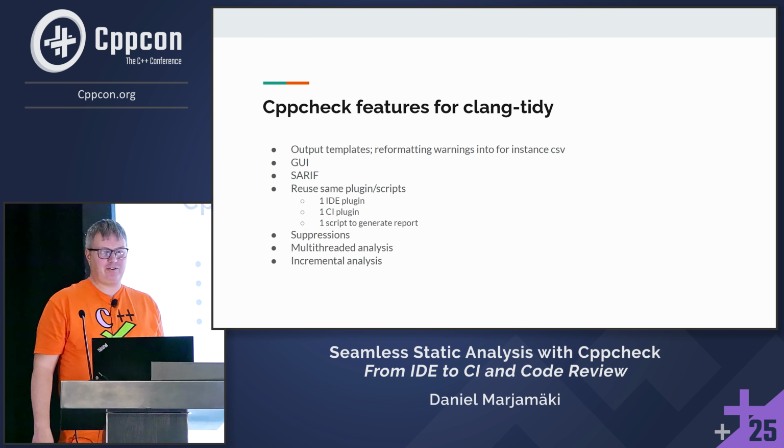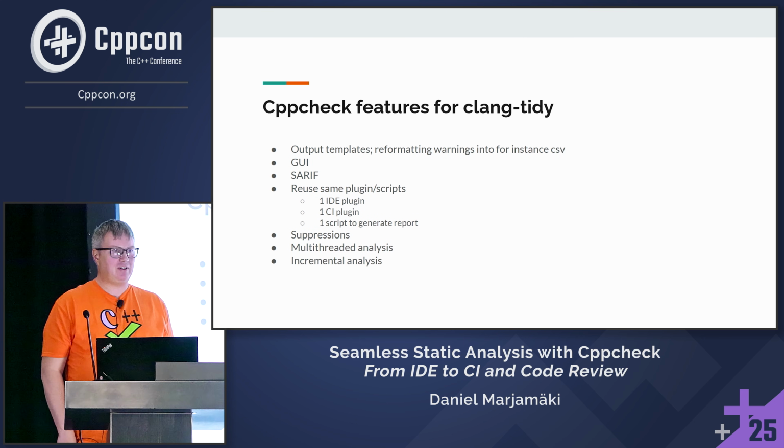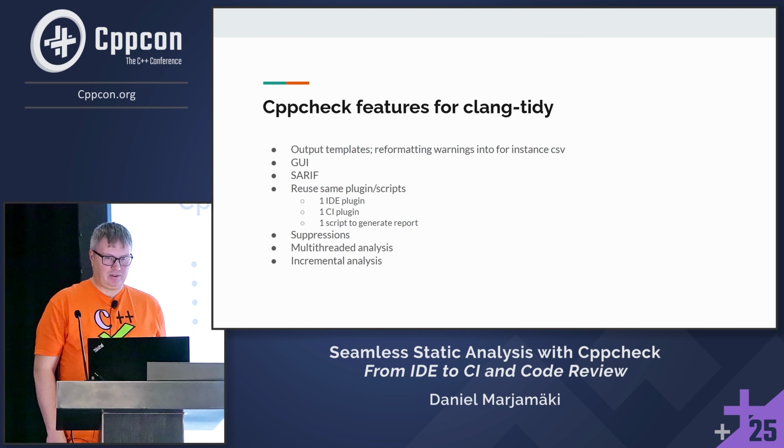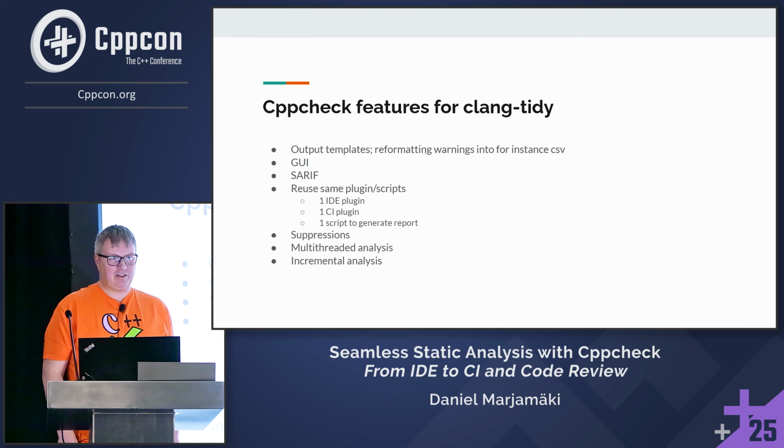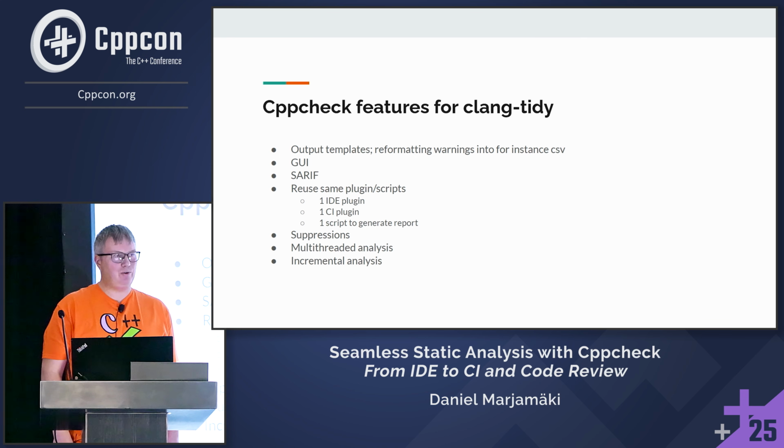So what features does this give you if you use clang-tidy in cppcheck? You get output format reformatting. You can reformat all the warnings from clang-tidy and cppcheck into CSV, for instance. You can easily look at clang-tidy warnings in the GUI. You get SARIF output for clang-tidy also.